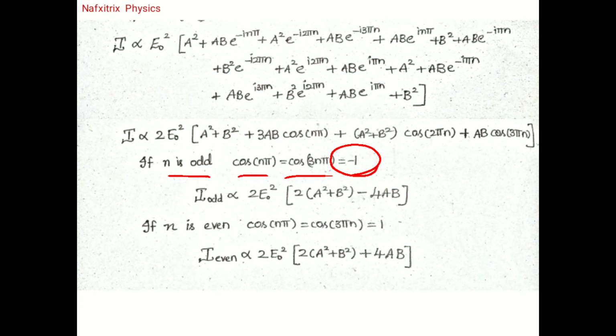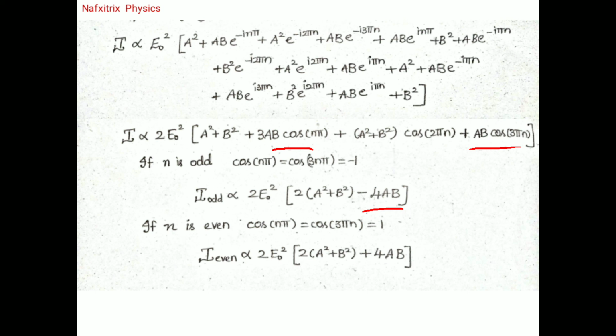So in the place of cos n pi we replace minus 1. So minus 3ab minus ab is nothing but minus 4ab.